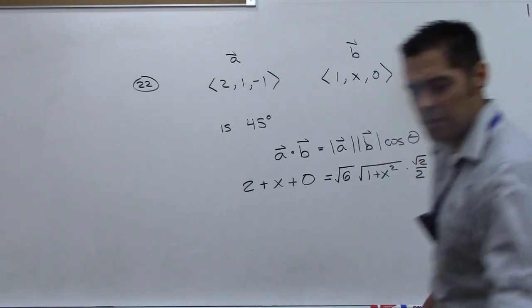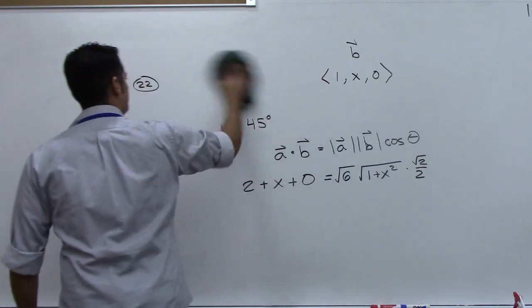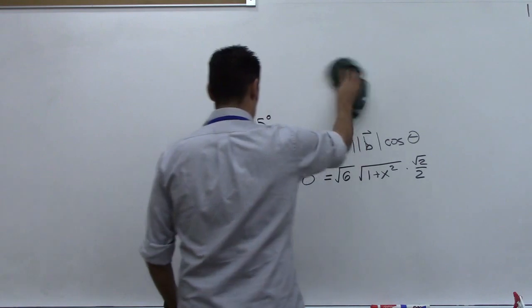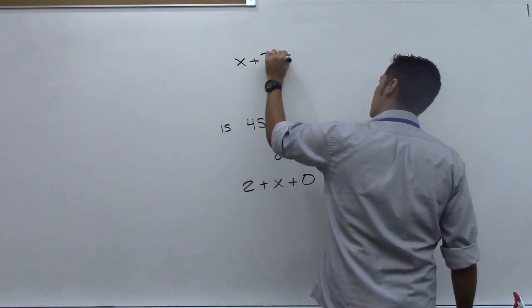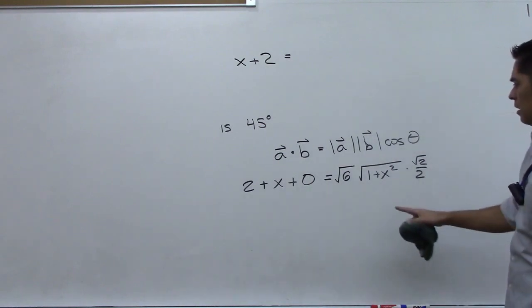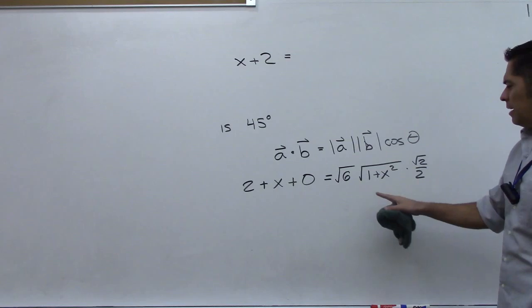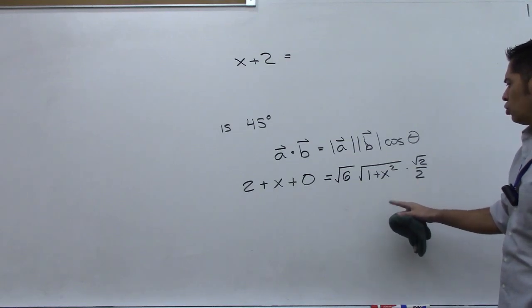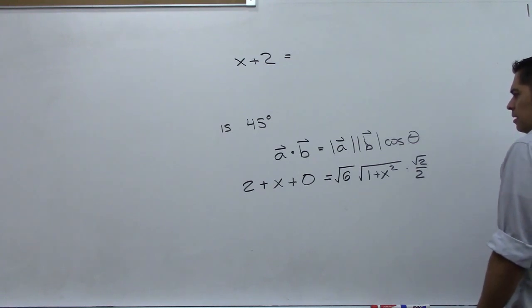So this is an equation that has the variable x in it. So let's clean it up a little bit. Okay, the left side is just 2 plus x. I'll just put x plus 2 instead. Equals, over here, how should we do this? Let's go ahead and figure out how I want to mess with these roots.